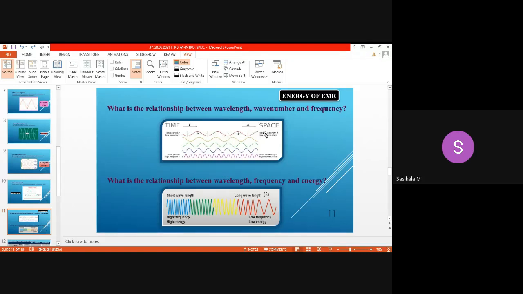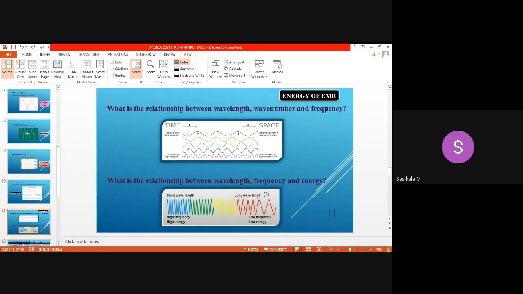So these parameters are inversely proportional. Wave number and frequency are inversely proportional to wavelength, while wave number and frequency are directly proportional to each other. Since wave number is low, frequency is also low.